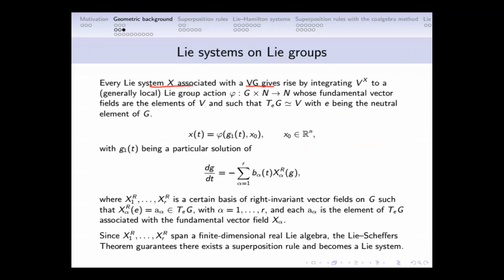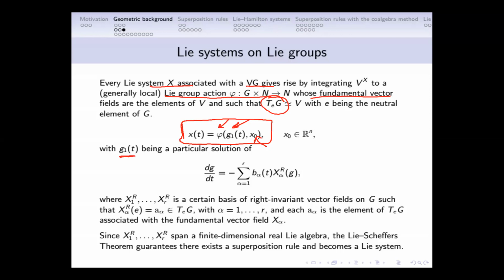And you can integrate it to a Lie group action. And the fundamental vector fields of the action are just going to be the tangent to the group evaluated in the identity. So in this case, the general solution to the Lie system will be given by the action, one particular solution on the group, and certain initial condition over the manifold.